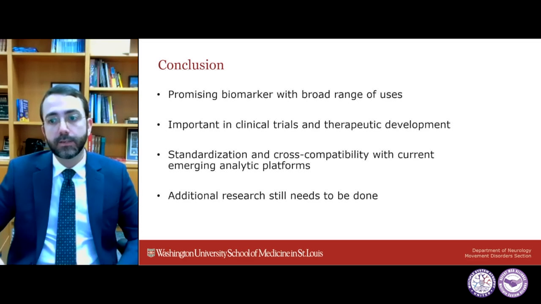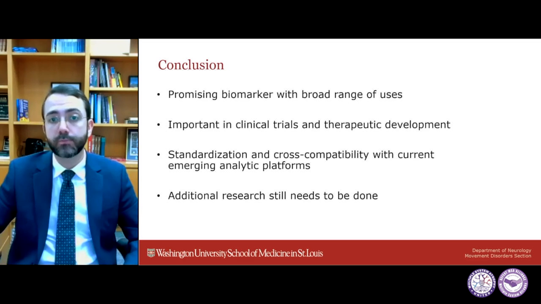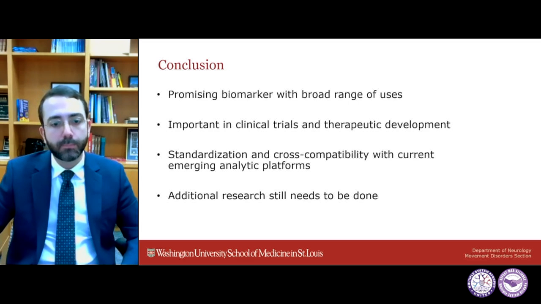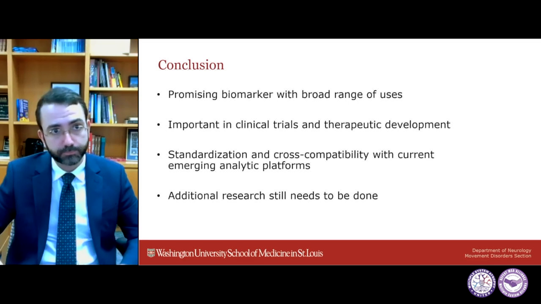This is going to be an important biomarker that might be used in clinical trials and in the development of new drugs for multiple system atrophy, but it can also allow us to potentially give a more accurate diagnosis and give a better understanding and prognosis to patients and families.